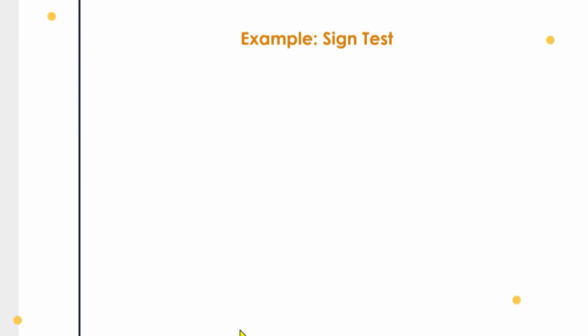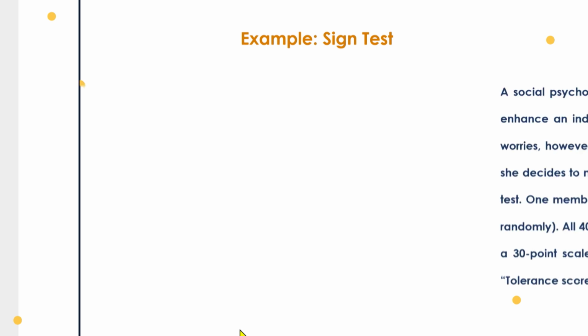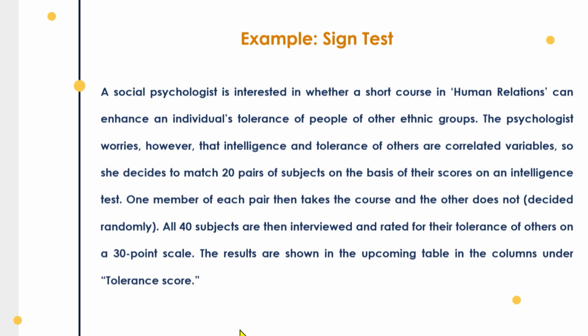Next we will discuss how to solve a problem in the sign test for dependent samples. A social psychologist is interested in whether a short course in human relations can enhance individual tolerance of people of other ethnic groups. The psychologist is worried that intelligence and tolerance are correlated variables, closely related.